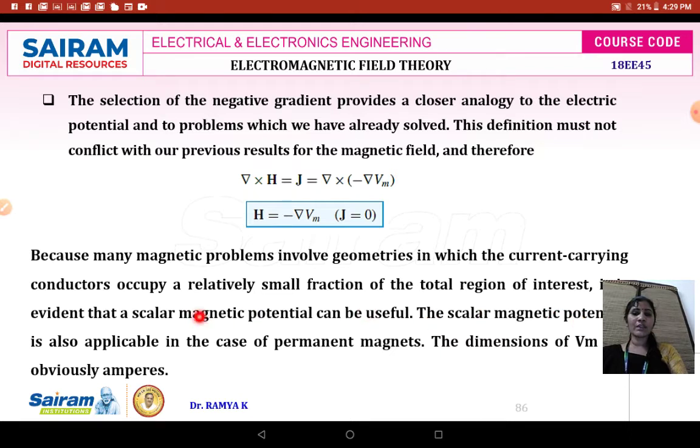Therefore, the scalar magnetic potential is also applicable in the case of a permanent magnet. The dimension is obviously ampere.